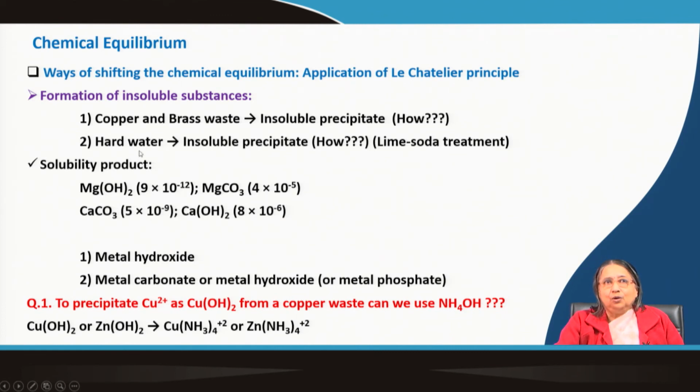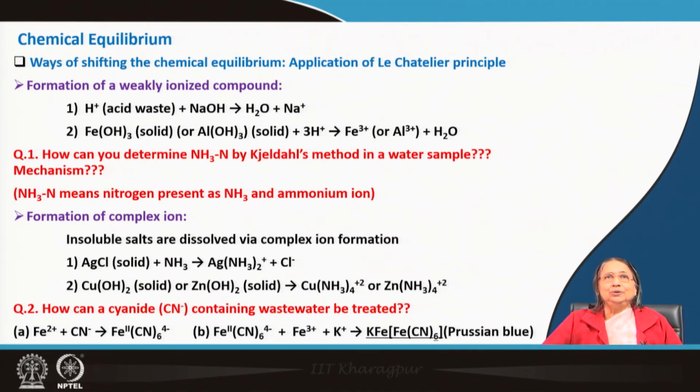But when we remove these, we have to think about insoluble precipitate. So, for environmental engineers, all these problems come all the time and we have to solve them. If we know the equilibrium concept, then we can easily solve the problems.